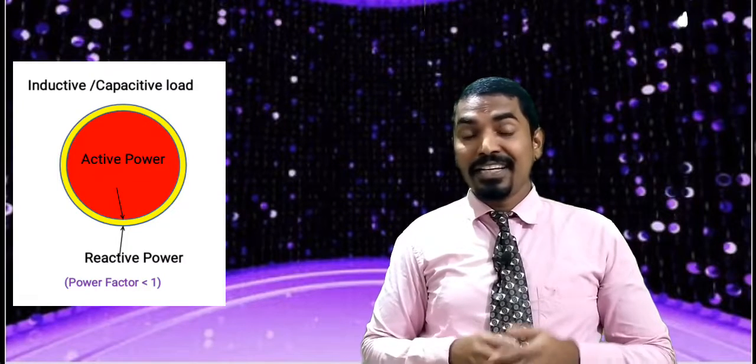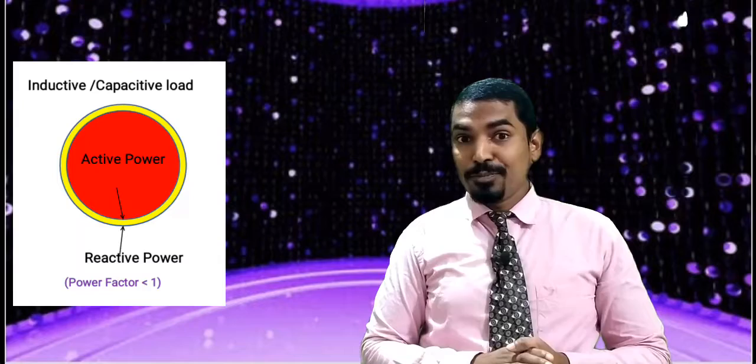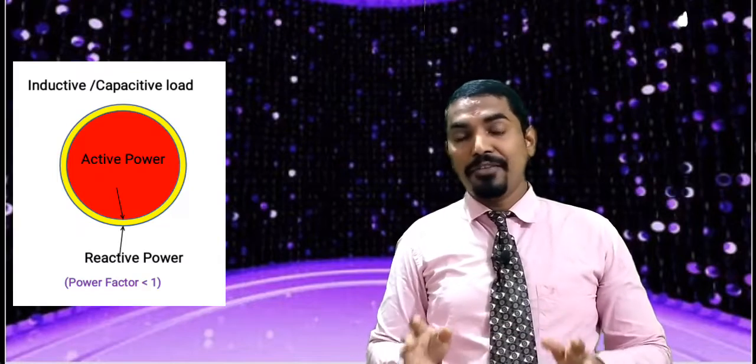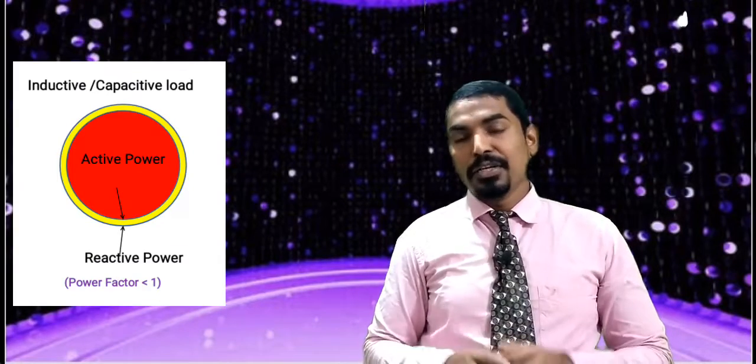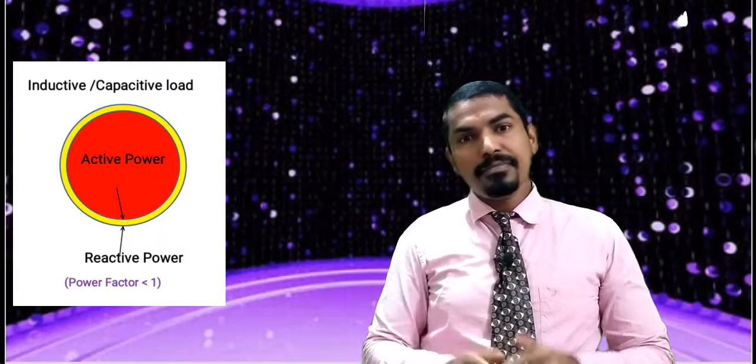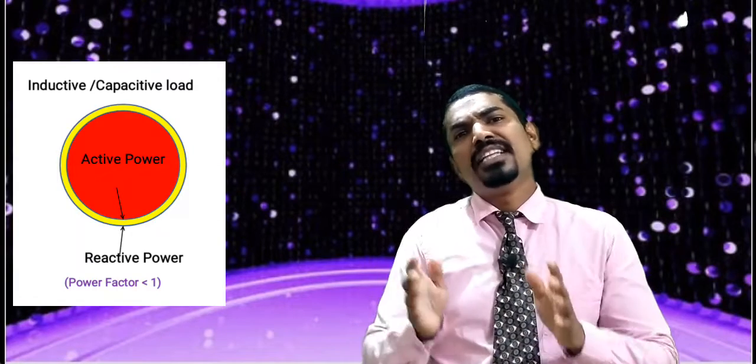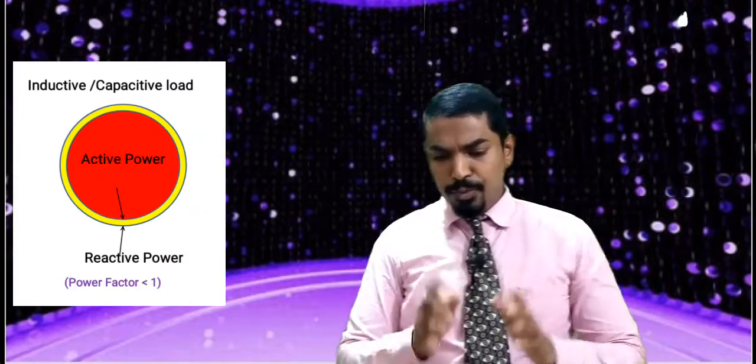But in our circuit it's not possible to have resistive load only. We have inductive and capacitive load. So what happens, my friends? Power factor is always less than 1. Now suppose our power factor in the system is 0.9, what does it mean?